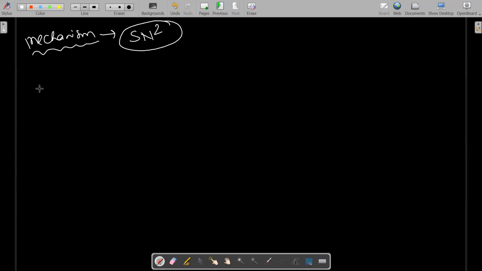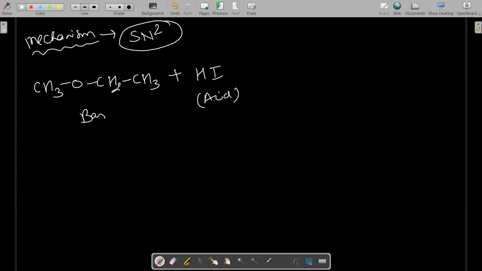So what is the mechanism of this reaction if both are 1 degree alkyl? Just as I told you, the SN2 mechanism will be followed. So this ether is treated with HCl, HI, suppose HI, which is a strong acid. If it is an acid, then the ether acts as a base.